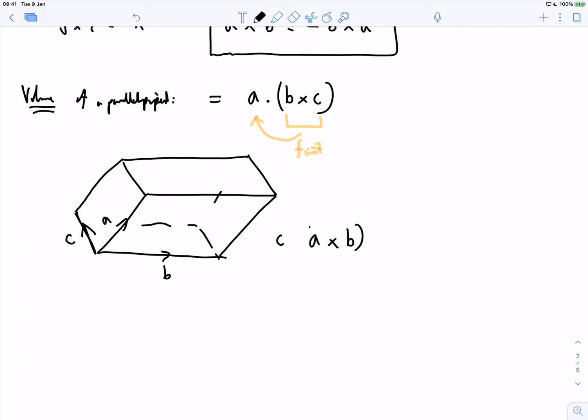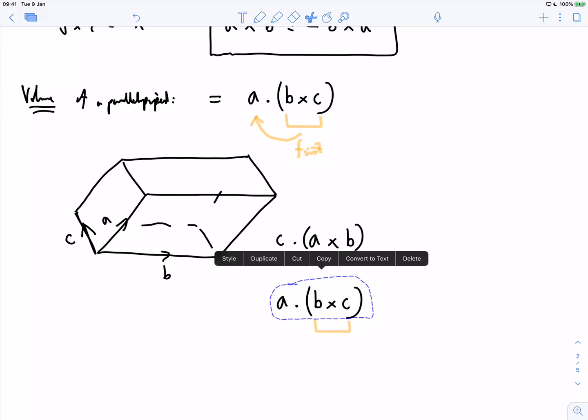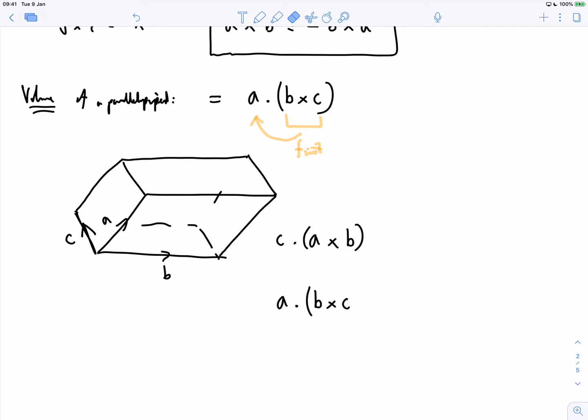So A cross B dot C, that's also the volume of it. Or if I wanted B at the front of the queue, then what would I have to do? Well, I'd have to move A all the way to the front like that, in which case C cross A dotted with B would be the same thing. So there you have it.